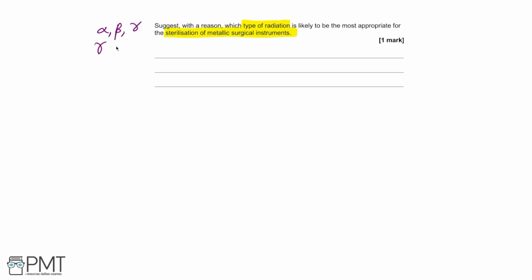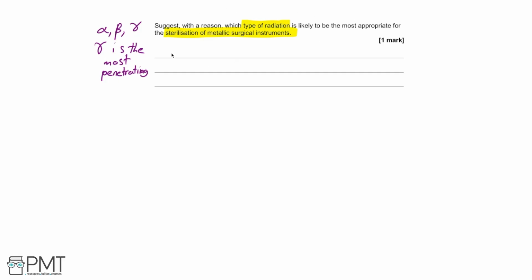So the idea is that gamma is the most penetrating of these 3. This means that it is most likely to fully sterilize the instrument, since there's the most chance that the radiation passes all the way through a given instrument and therefore sterilizes the entire surface.